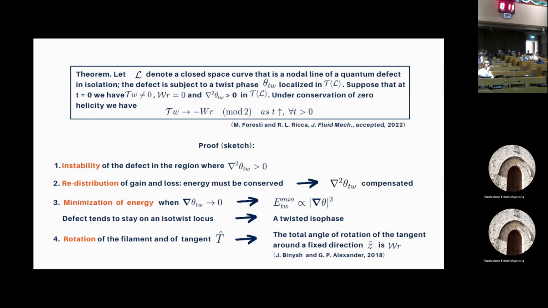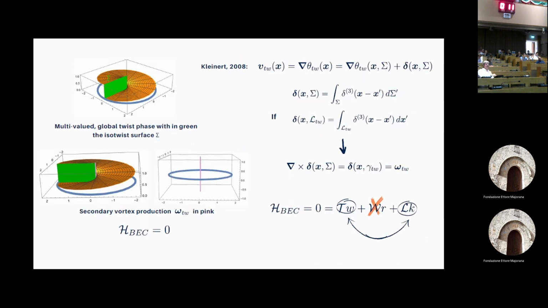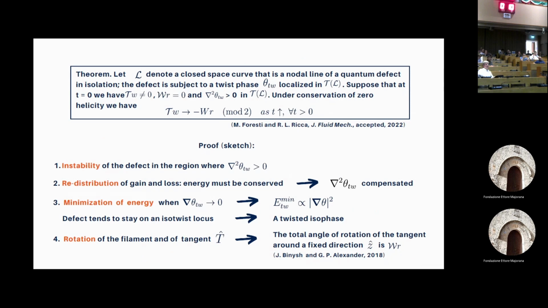So if a stabilization mechanism occurs, some energy is lost from the vortex string and acquired to produce the secondary vortex, stabilizing the system. In this case, the stabilization occurs when the filament is coiled. I just give you the sketch of a proof because it's a little bit boring.